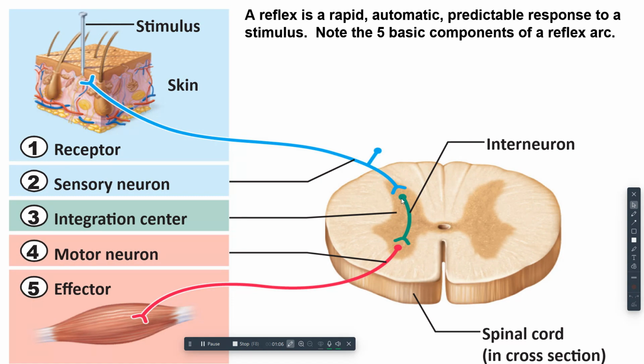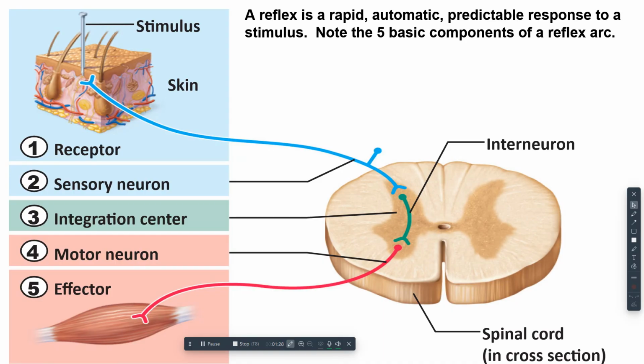Now, in this case, the gray matter of our spinal cord is functioning as the integration center where we process that information. Now, here we have a neuron called an interneuron because it's in between the sensory and motor neuron that's doing that processing, but we don't always have to have this.